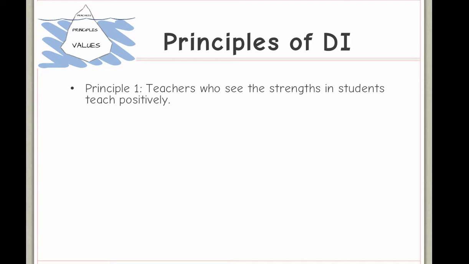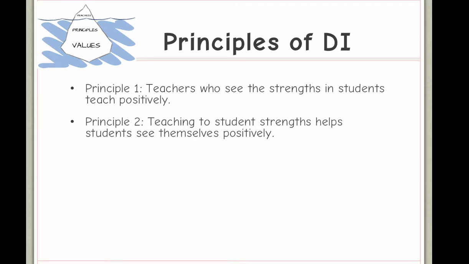You're stuck with kids of all these different learning abilities and styles, and you have to adapt. So you do it grudgingly. In a differentiated classroom, teachers are very happy to do it. They want to do it. They want to see the strengths in students. It's not hard for them to look beyond students' weaknesses and see the strengths.